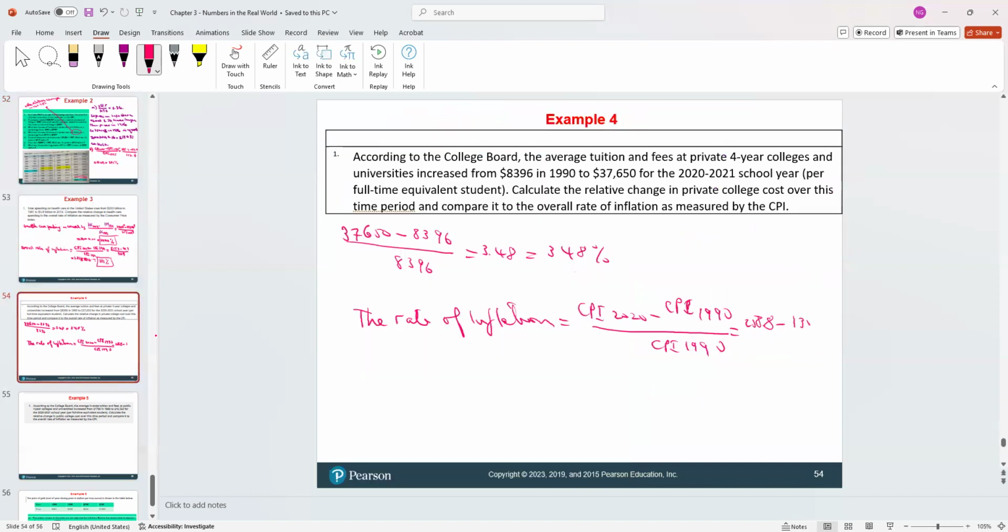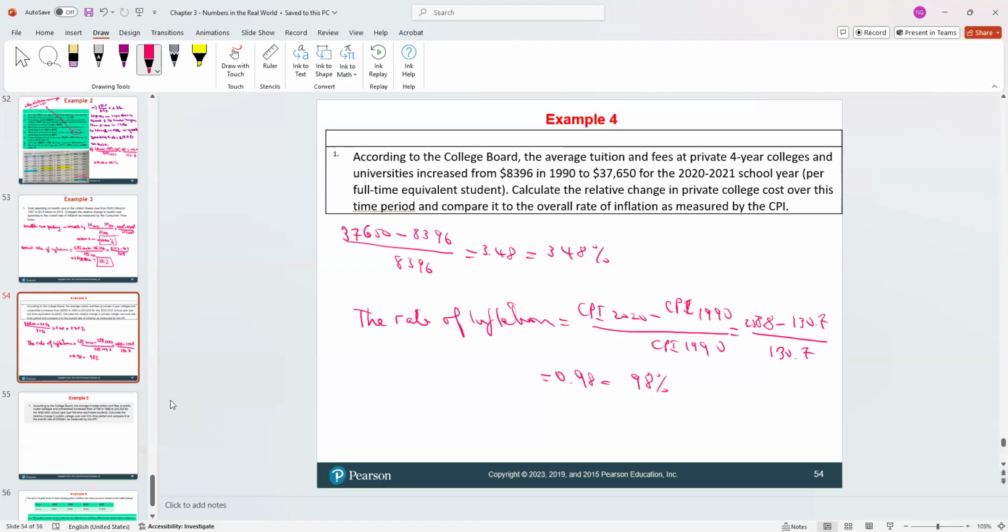Minus 130.7, you must divide by 130.7. So at some point, the rate of inflation was only 0.98, or if we multiply it, it's 98%. Every time we say the relative change, it must be expressed as percentages. All right, so that's what we do in this example.